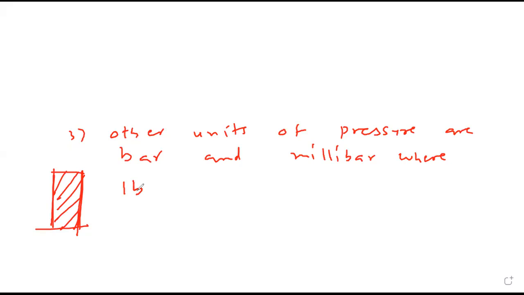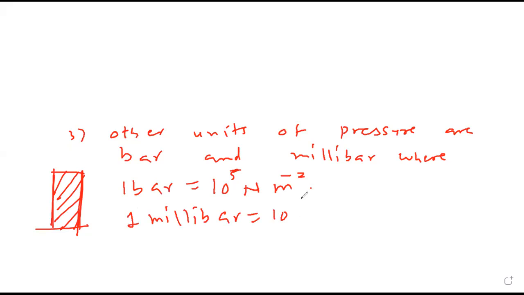Now what is 1 bar? 1 bar means 1 atmospheric pressure, which is 10 raised to 5 Newton meter raised to minus 2. And 1 millibar is 10 raised to minus 3 bar, which is 10 raised to minus 3 times 10 raised to 5 Newton meter raised to minus 2.